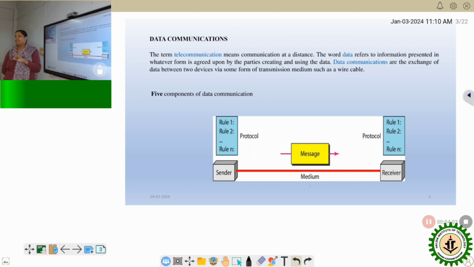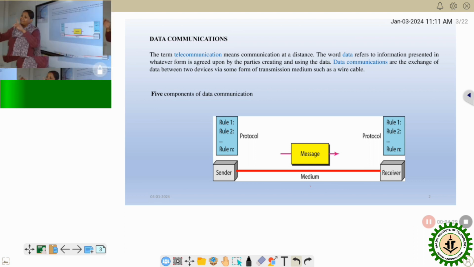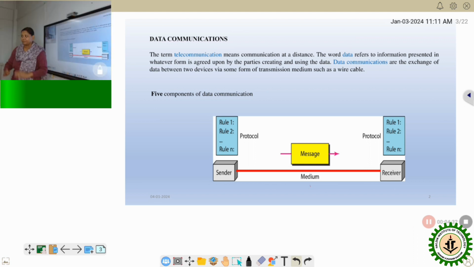Protocol is a set of rules that is maintained by the sender, the receiver and the whole system. This set of rules is fixed before the communication, by mutual understanding.